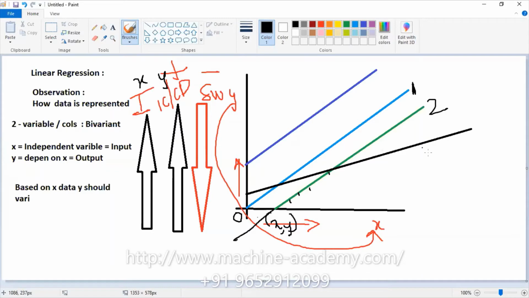Now the third line, the black line. Observe, the points where the line starts are called intercept points. What is that particular intercept point? It is a very important point.